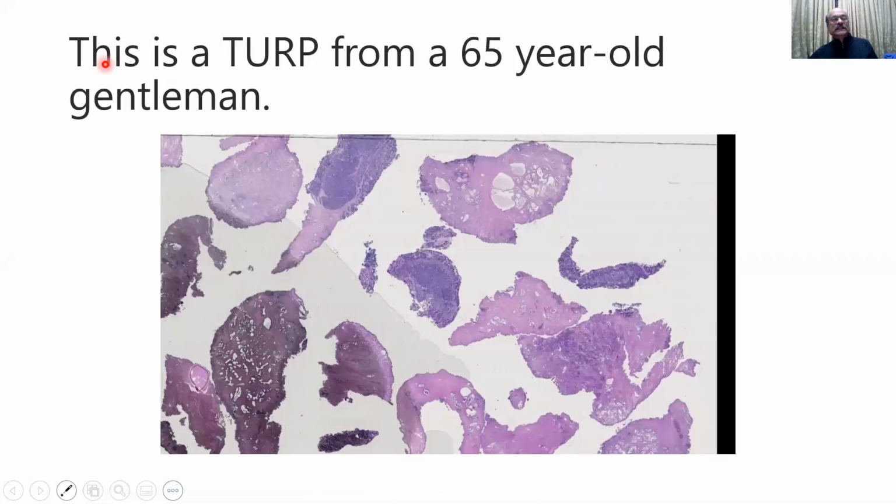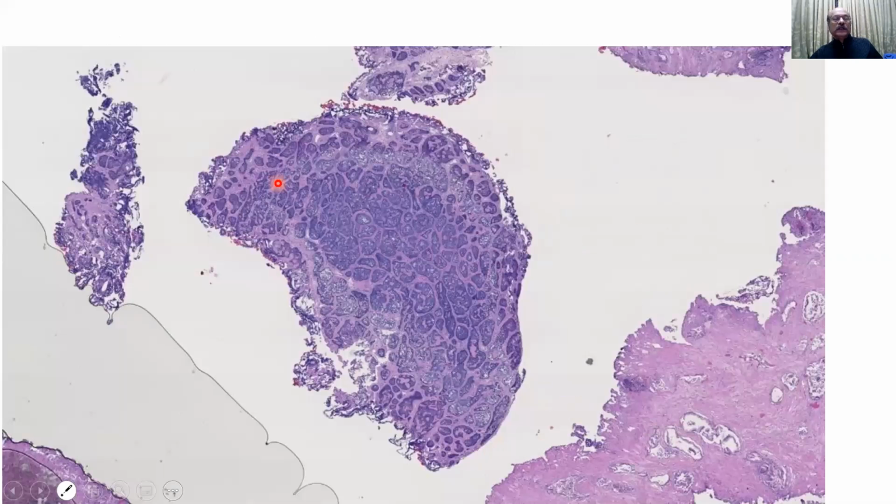Our next case is a 65-year-old, TURP sample. Here, these are normal, and these fragments are tumor. These are tumor fragments. These are normal, and this is a tumor fragment.